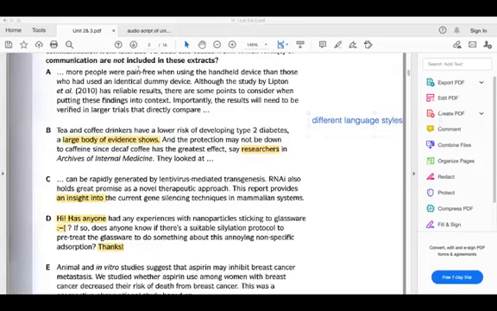As you can see, when we have read number A and number, for example, C, I told you this is language that is aimed for professional, right? And then when we have read number D, I told you that this is informal language. Here we said that this is formal language. That's why we said that we can find this formal language in an academic journal. And we said in number D, this is informal.